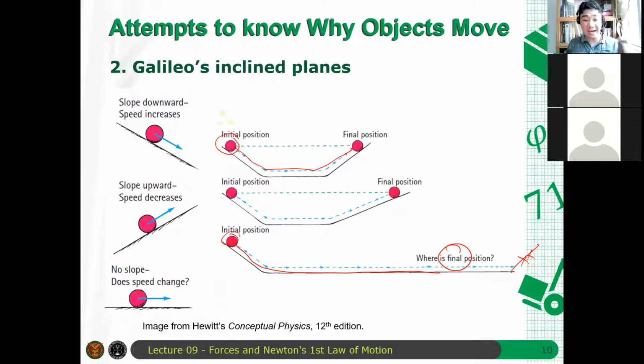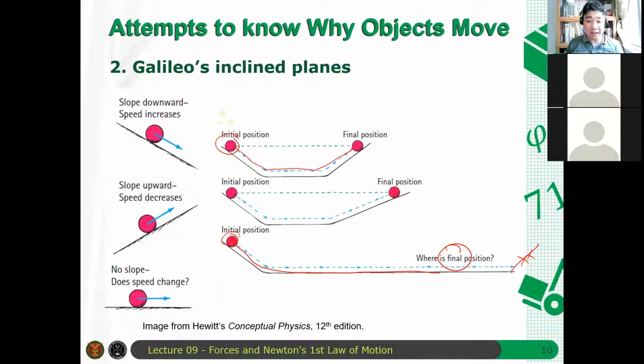And therefore, that is where he realized that if this object is moving indefinitely, something must make it stop. And we know that since friction is present, that is why the object stops. But if there is no friction, an object will stay in motion once you start moving it. And therefore, of course, you know that's your inertia, the tendency of an object.